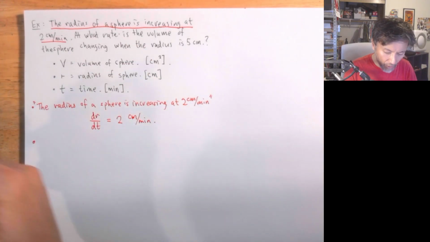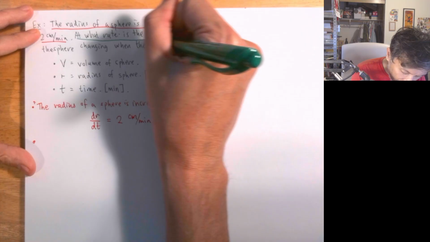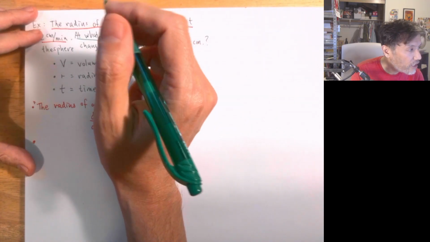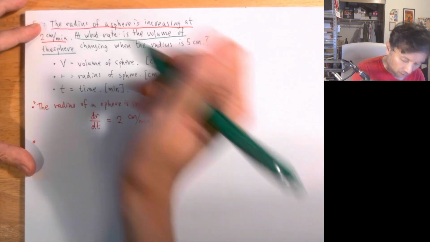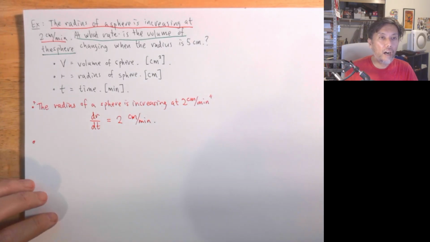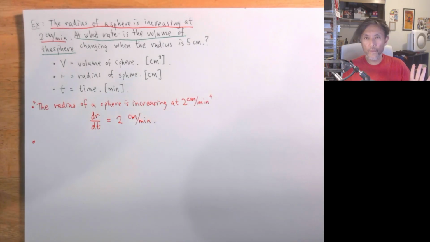Then we have this statement: at what rate is the volume of the sphere changing? Let's just focus on that green part.